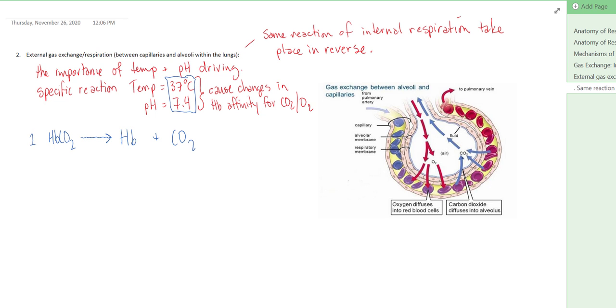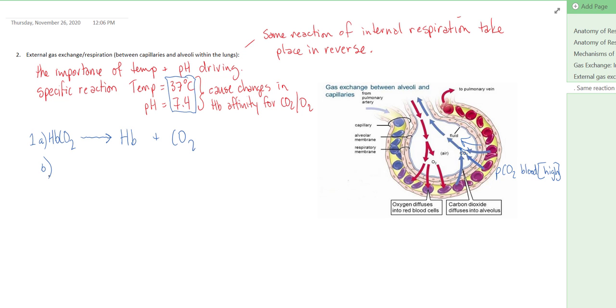And so we can see as it's released, the partial pressure of CO2 in the blood would end up being quite high, and this would drive the diffusion into the alveoli where the CO2 would be low. So there's our first reaction in terms of dealing with carbon dioxide.